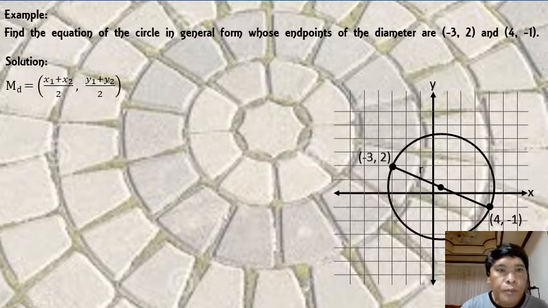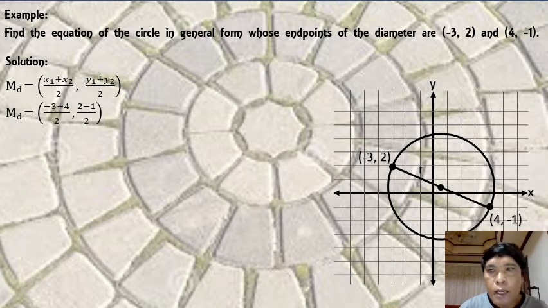So, x sub 1 is negative 3 and x sub 2 is positive 4. So, that is negative 3 plus 4 divided by 2. And for the y, that is 2 plus negative 1, so 2 minus 1. Simplify.